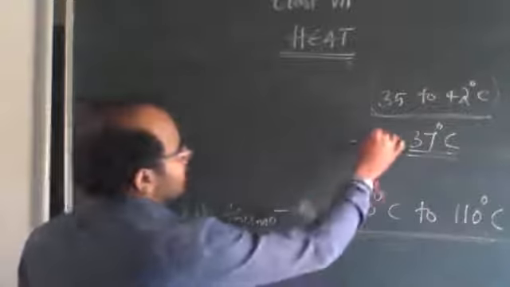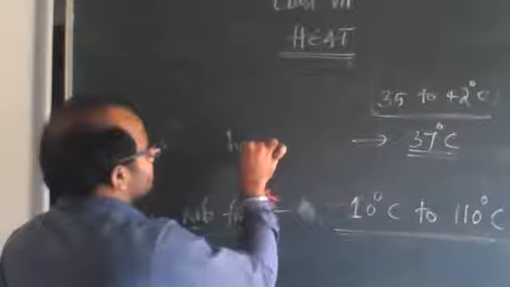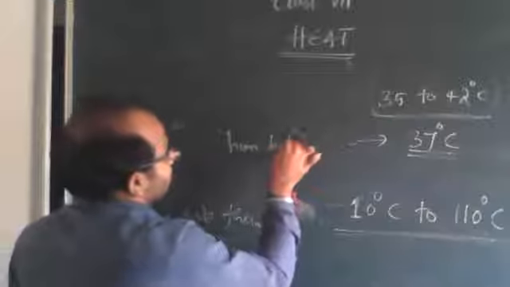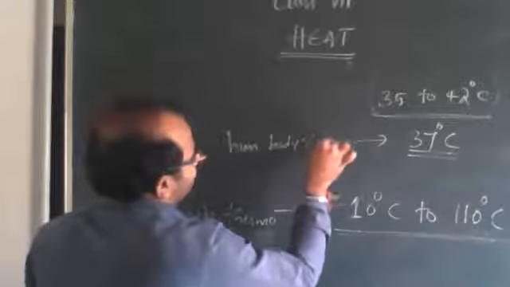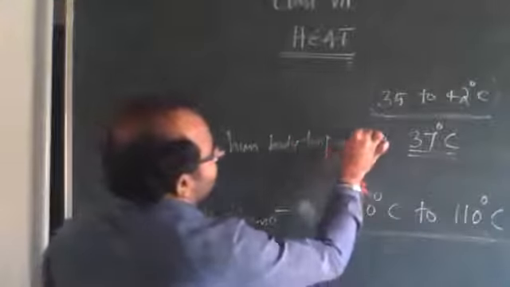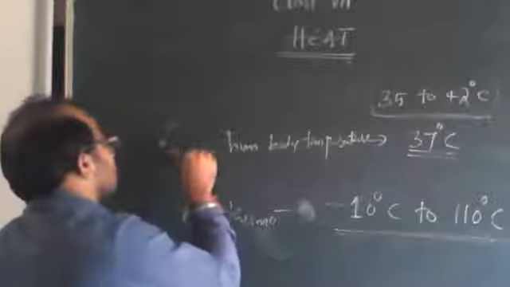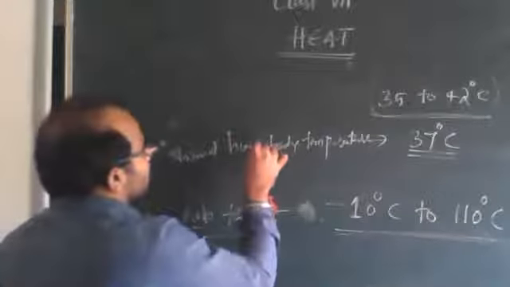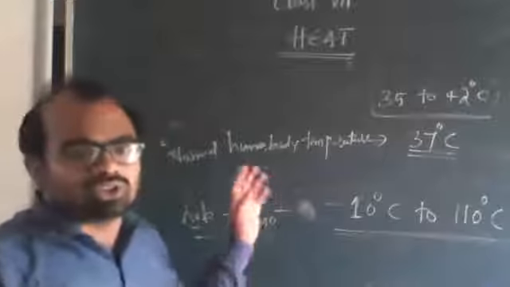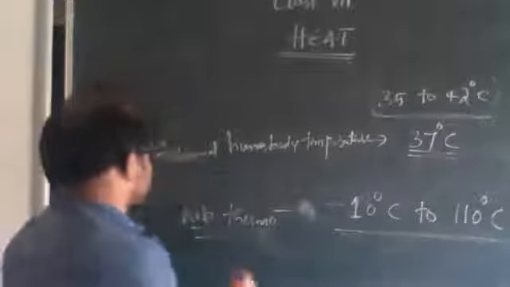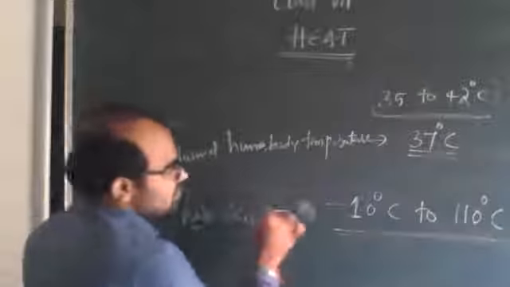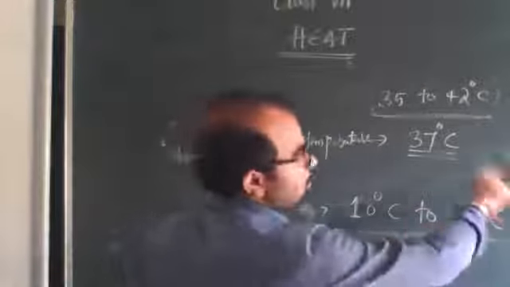This is the human body temperature. Normal human body temperature is 37 degrees Celsius. Laboratory thermometer range is minus 10 degrees Celsius to 110 degrees Celsius.